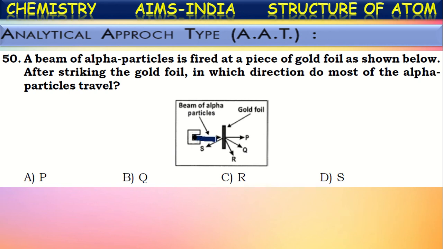Most of the alpha particles pass directly through the gold foil in the direction P, because it is observed that most of the scintillations occurred at this position. This is because most of the space in the atom is empty. Because of this empty space, these alpha particles passed through the gold foil without any deviation. Now the answer will be P.